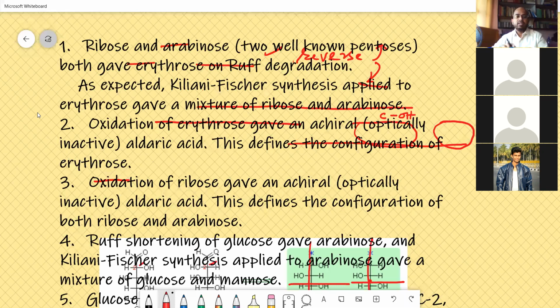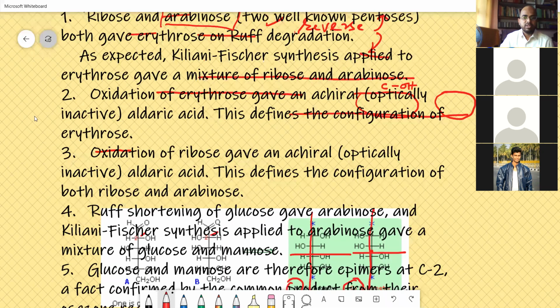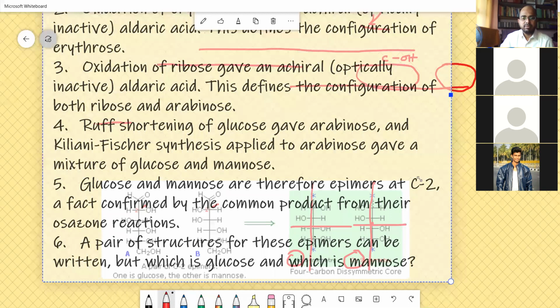If you come to five carbon atoms, mention it as arabinose. Don't forget this. After you write arabinose, write these points: oxidation of triose gives an achiral optically inactive compound and all these things. This I'll send again. This is overlapped and it is causing problems.